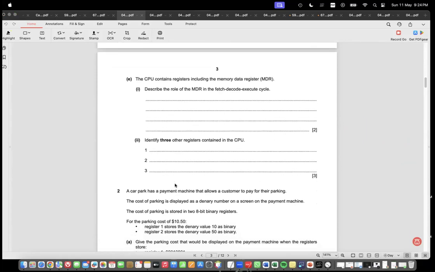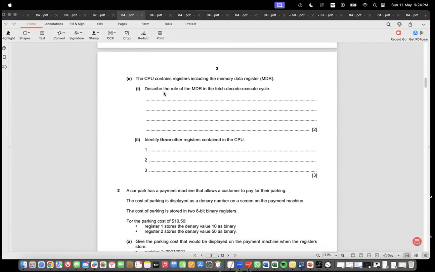Then the CPU contains registers including the memory data register. Describe the role of the MDR in the fetch, decode, execute cycle. So what is your MDR doing?